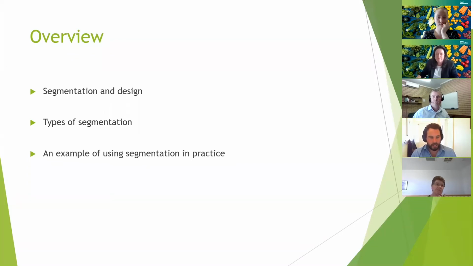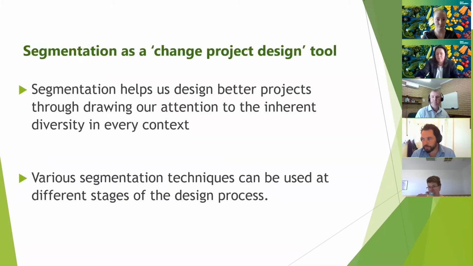It doesn't guarantee it. I want to talk a little bit about some of the types of segmentation that are relevant to agricultural extension and design, and I'll walk through an example of a project that we used different types of segmentation in, just to give you a bit of context for that.